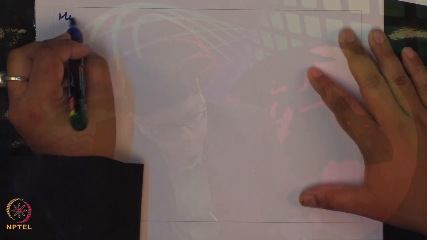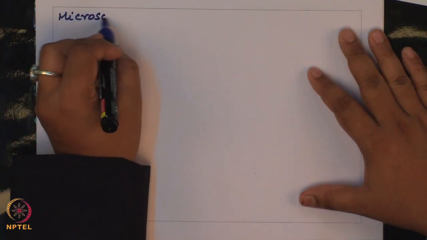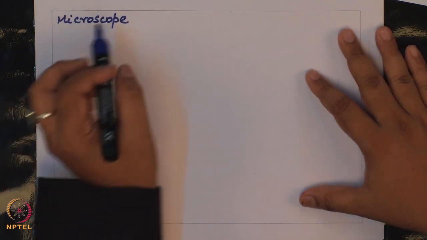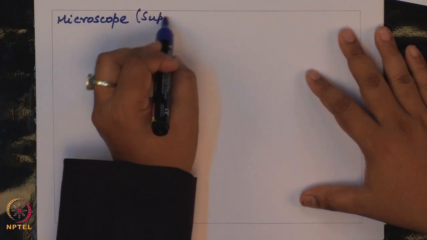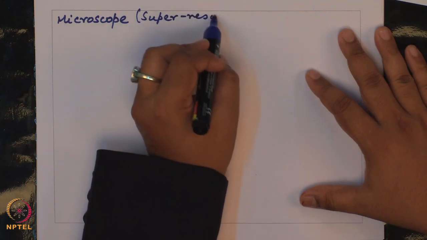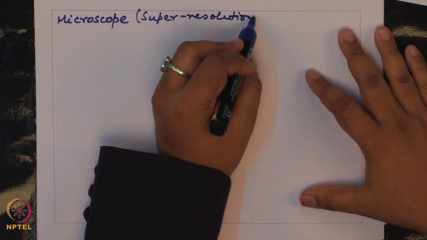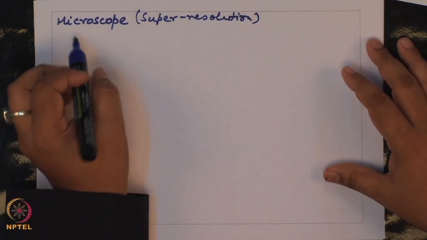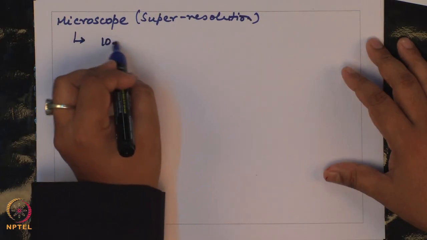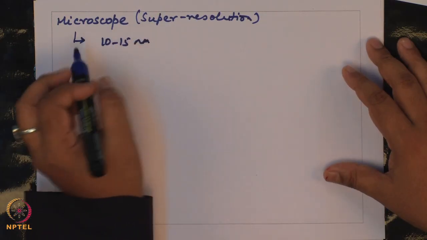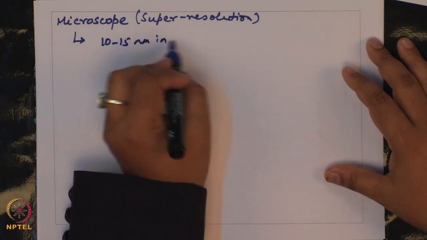Okay. So, now let us say you have a super resolution microscope, which means that it can detect differences of 10 to 15 nanometers in the Z direction.